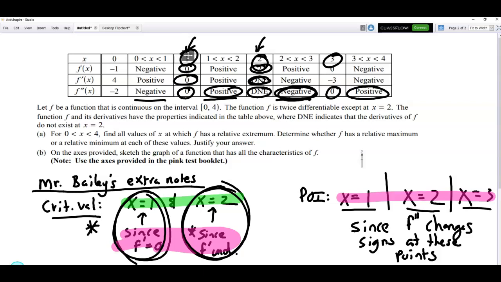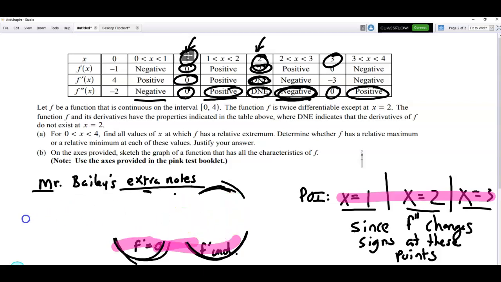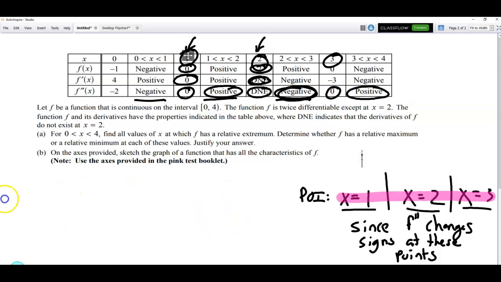Okay. All right, let's go ahead and do one more thing for Mr. Bailey's extra special notes here on the side. You guys need to do intervals of concavity. So concave up and concave down.